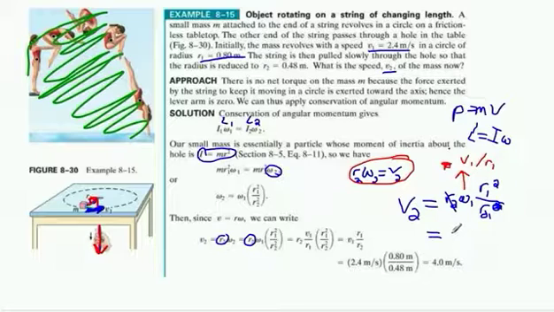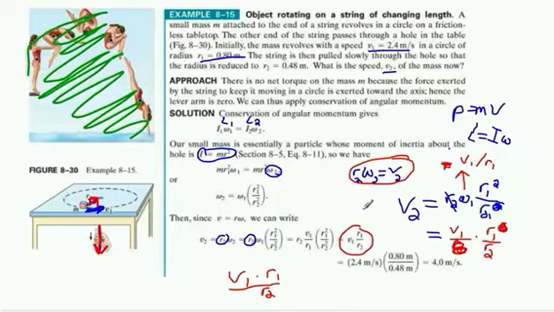So we get V1 over R1 times R1 squared, and I canceled it out, so there's only one R2. So now I think this goes away with this, and we're left with V1 times R1 over R2, like they got right here. And you just plug those numbers in, because I think we knew all those numbers, and you get that the final velocity after this string has been pulled that much is 4 meters per second. Let's think. So it started out at 2.4.